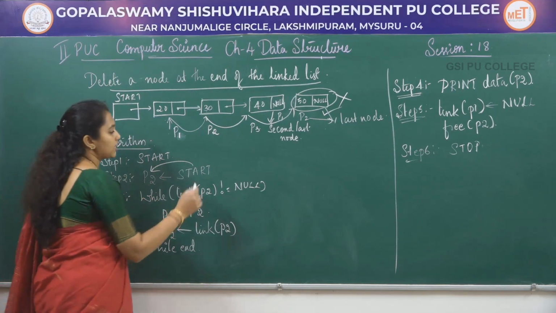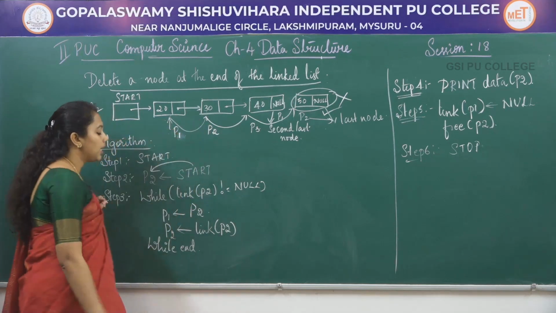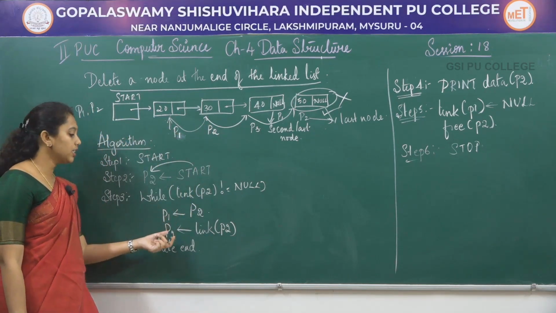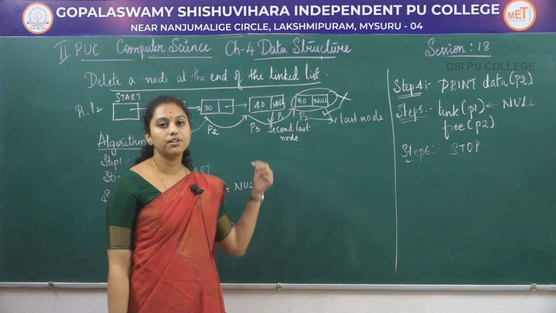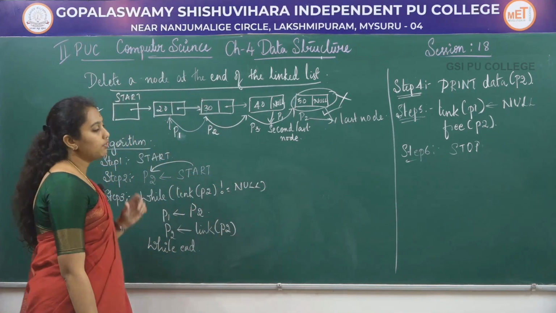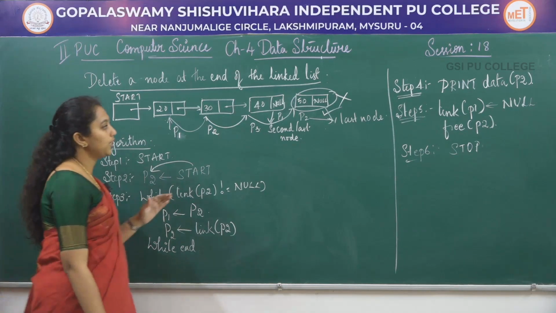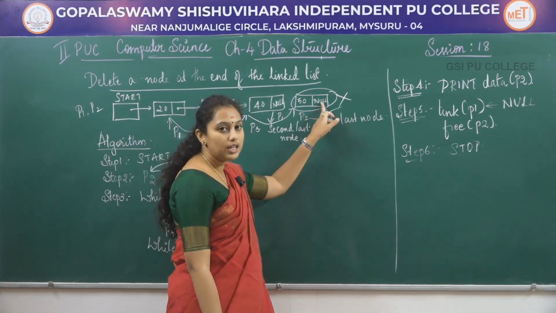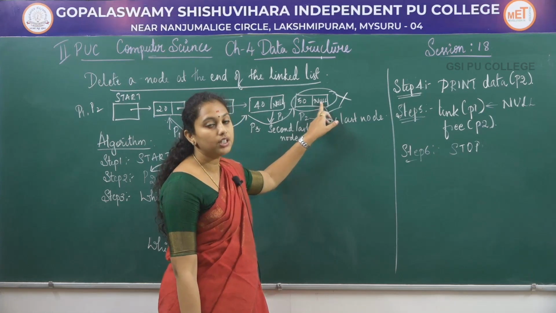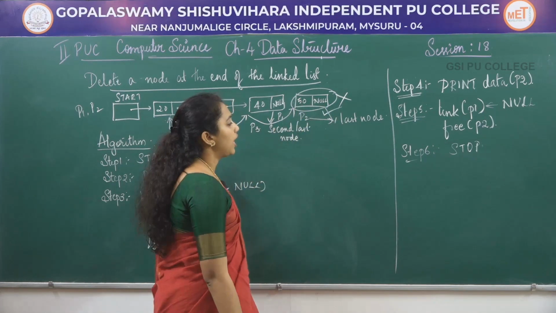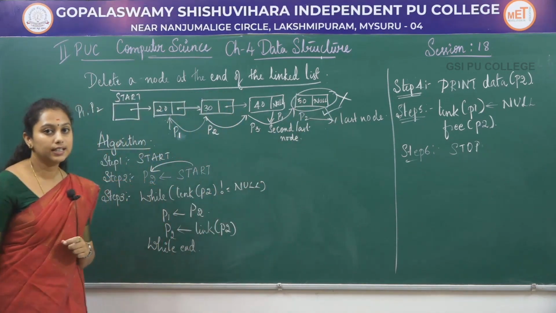While traversing, the previous node becomes P1 and P2 contains the link of the next node. Until we get a null value in the link field of the node, we are going to traverse all the nodes in the linked list.